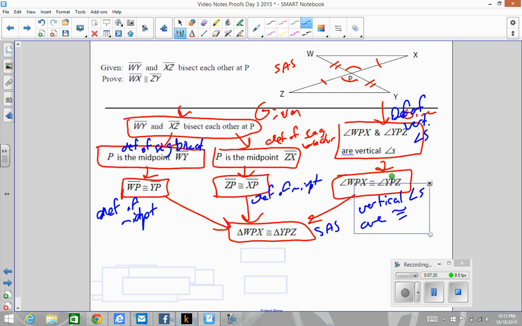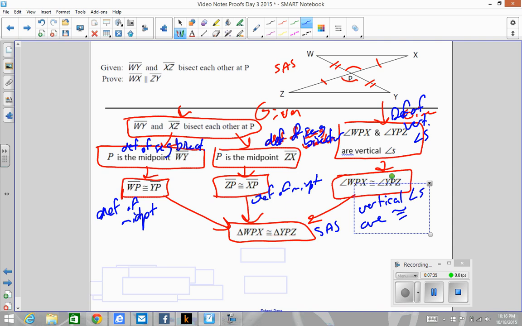All right, so we have everything written in here that proves the triangles congruent. You should have been able to do this with no problem. All right, and so once I have a triangle congruent, I'm trying to prove that WX and ZY are parallel. In order to prove lines parallel, remember you had to prove a special angle pair congruent.